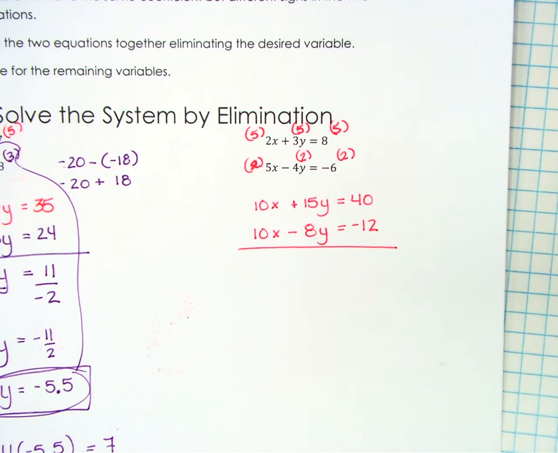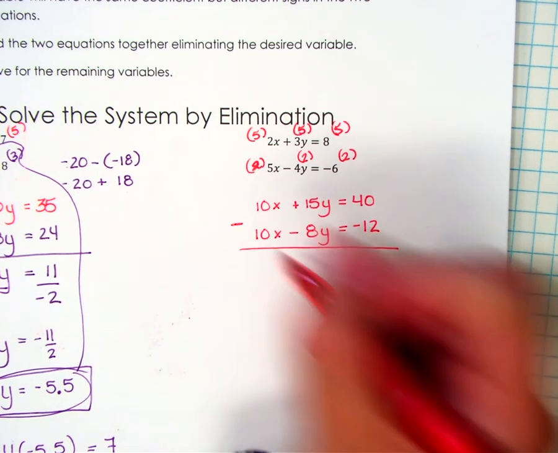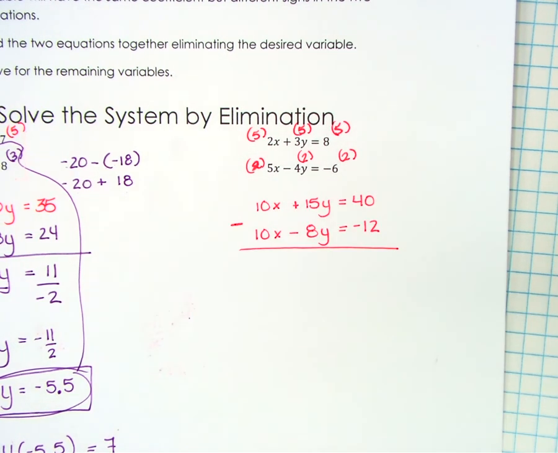Okay, so if we're getting rid of the x's, they're both 10. So the way to get rid of them, they're both positive 10. We have to subtract again. No, if they're different signs, you'd add them.